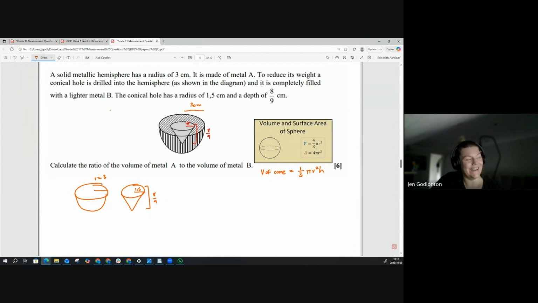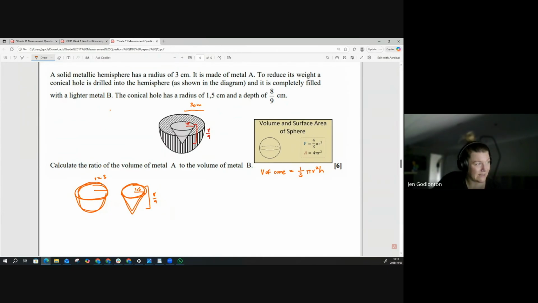And then once you've worked out what those two are, you can take the one minus the other. You can play around, but getting these two is your first important step. So make sure you can get the volume of your hemisphere and the volume of your cone.